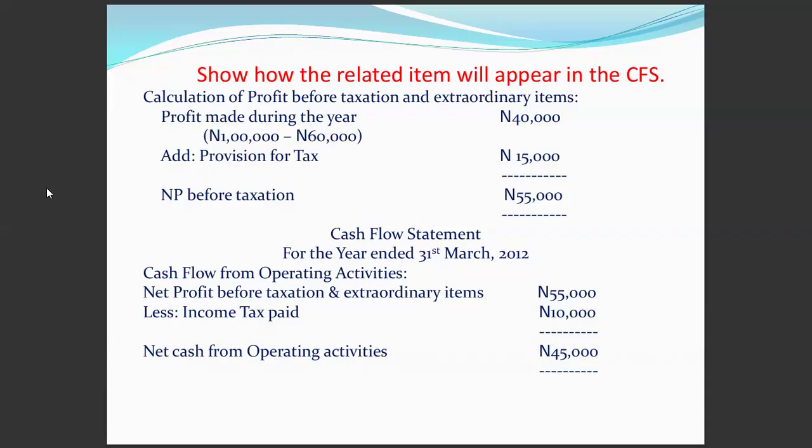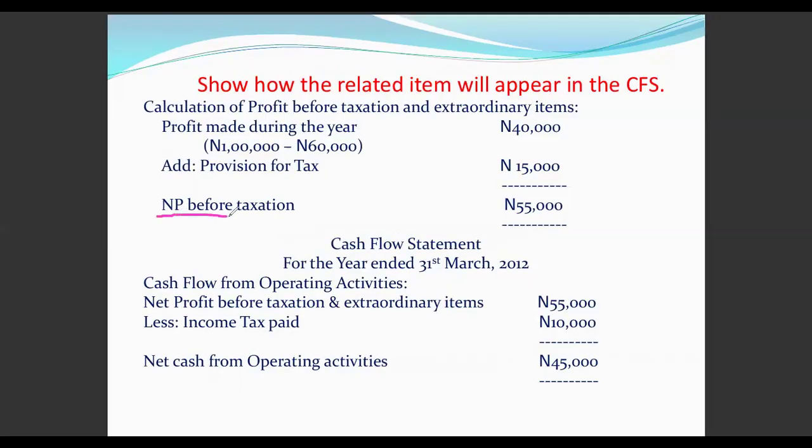So I should always remember that in case of any provision, I need to adjust the provision in the tax. So my profit during the year is 40,000 and I'm adding the 15,000 provision I made in the current financial year. And that will give me an idea that the net profit before tax is 55,000.